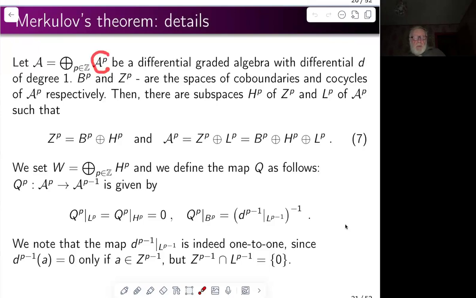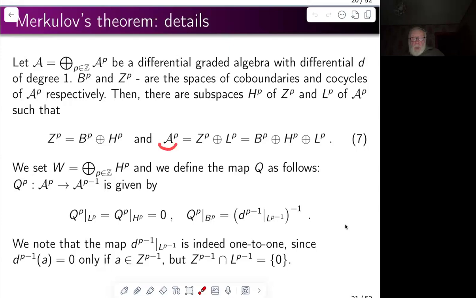Each degree p component is a direct sum of Z^p and L^p, where Z^p is B^p and H^p, where B^p is coboundaries, Z^p is cocycles, and H^p of course is cohomologies.